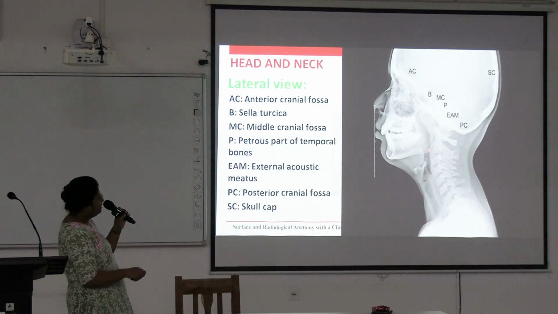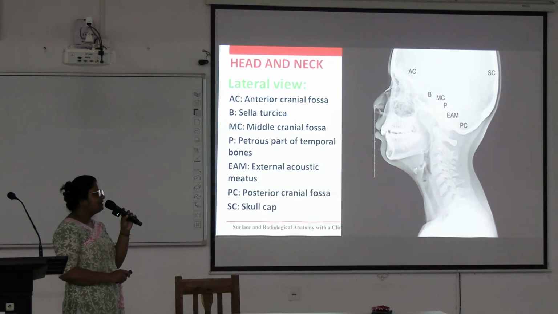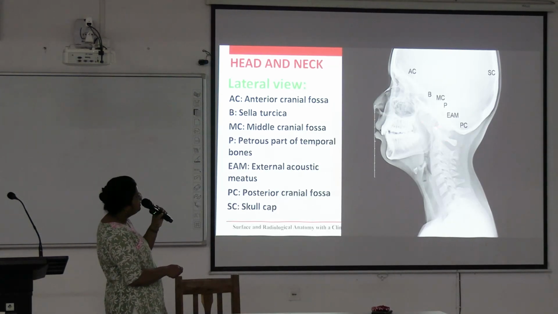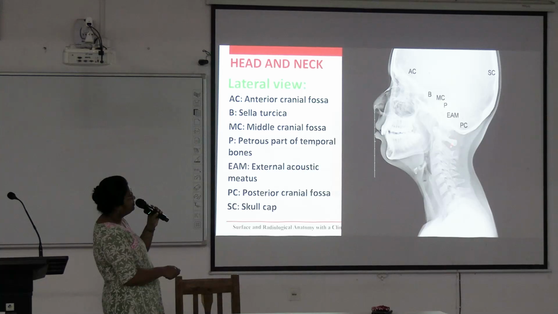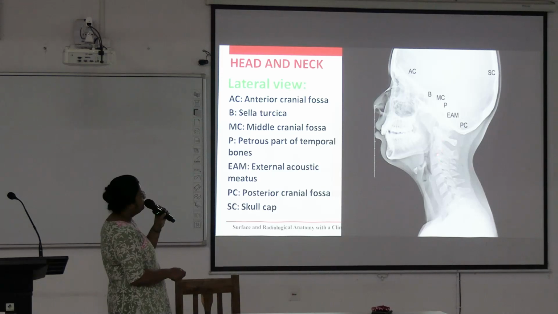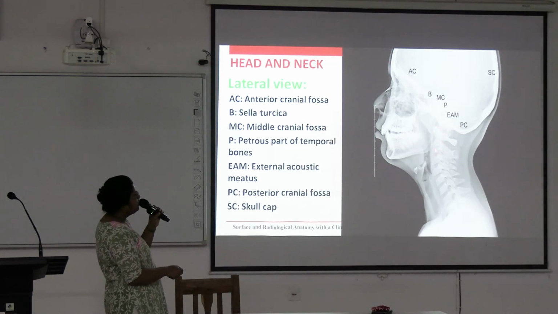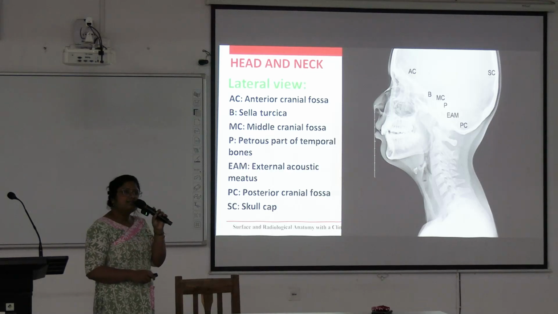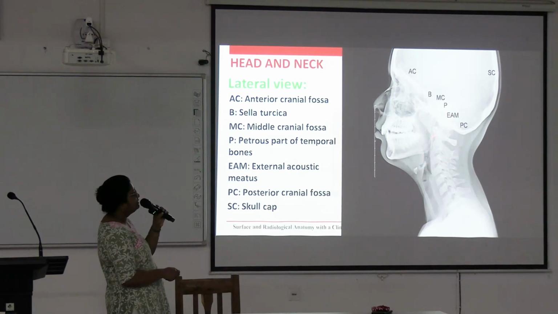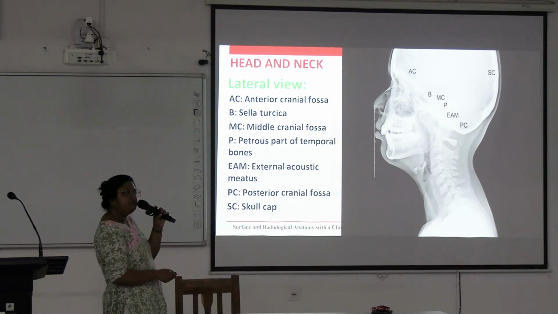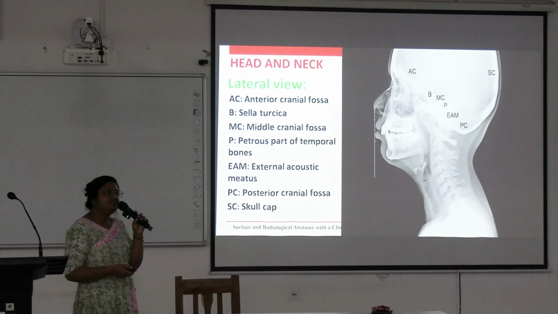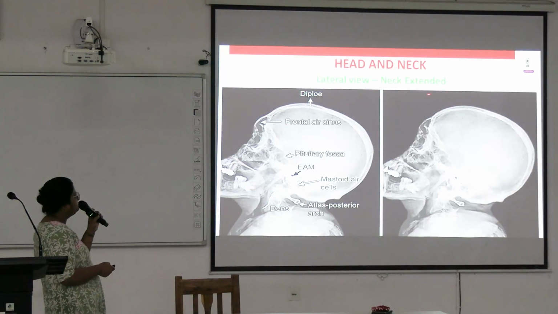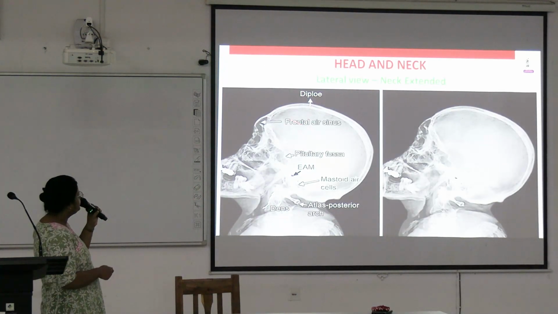Anteriorly the black area is the larynx, continuing downward as the trachea; posteriorly is the esophagus. This is the anterior arch of atlas, this is the posterior arch of atlas, and this is the axis, the second cervical vertebra, with its upward projecting odontoid process. The sella turcica and odontoid process are very frequently given in your OSPE questions. This is the lateral view with the neck in extended position.